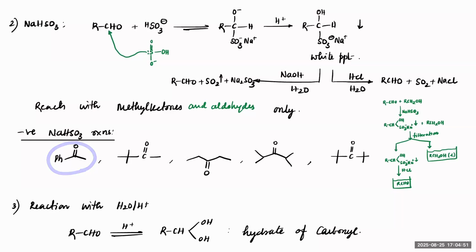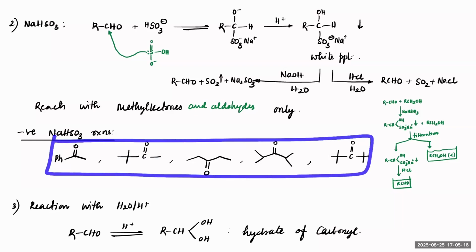What will not make the reaction happen? See, if you have a phenyl group with CH3, although this is a methyl ketone, this will not give a positive test. In case you have a tert butyl on one side also, that will not give a positive test. Then if you have two ethyl groups, isopropyl groups, tert butyl group, all of them will give a negative test for NaHSO3.